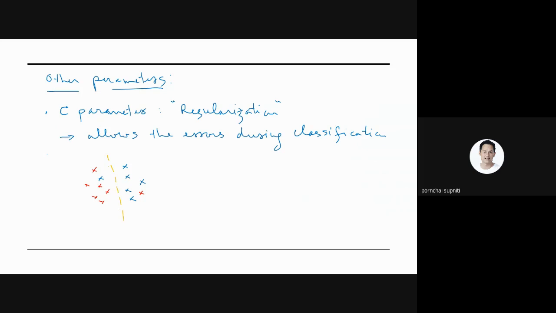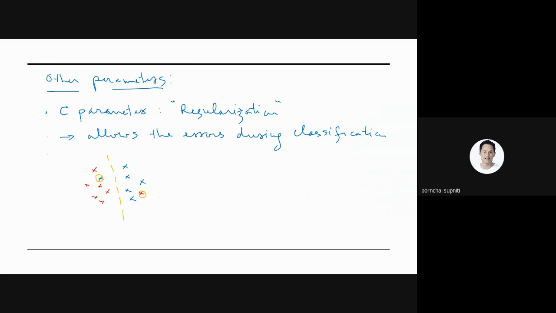So here there will be some data points that occur on the wrong side. And the C parameter helps you allow such errors to occur. This is so that you can build a model, and it makes sense to build such a model.